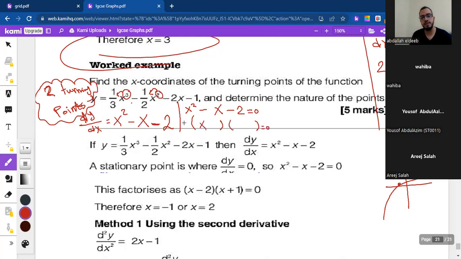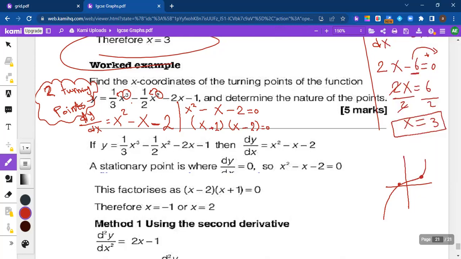It will be (x )(x ) 2, and I need 2 numbers. When I multiply them, I get 2. When I subtract them, I get 1. 2 times 1, yes. And 2 will be negative, 1 will be positive.